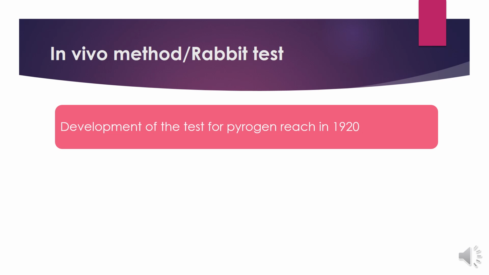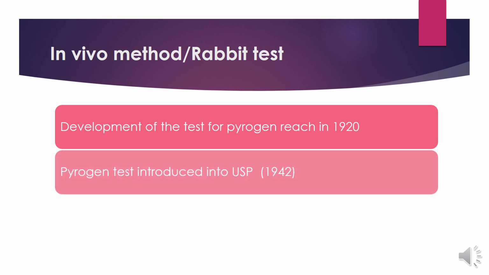This in vivo method or rabbit test method was the first method, and the test was introduced into the USP in 1942. It means the test was developed in 1920, whereas it was incorporated into the standard pharmacopoeia, the United States Pharmacopoeia, in 1942 and became a standard test for pyrogens.